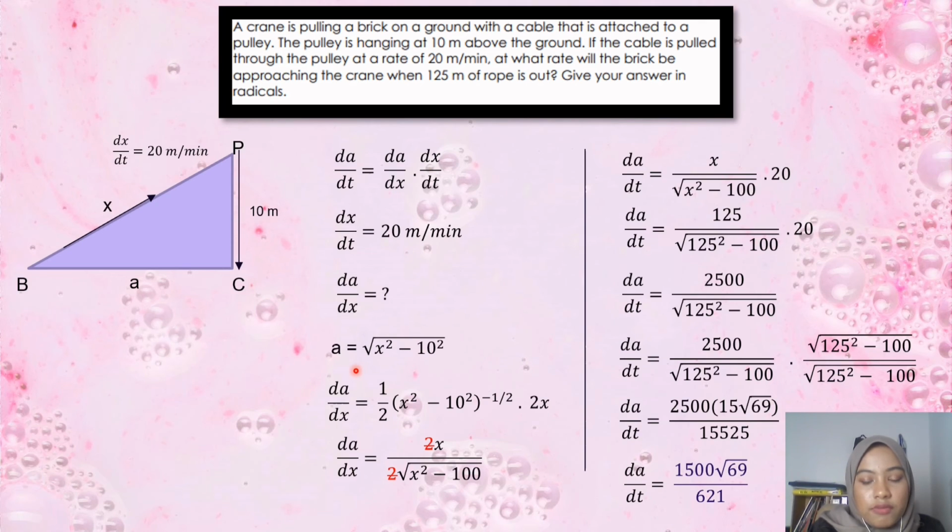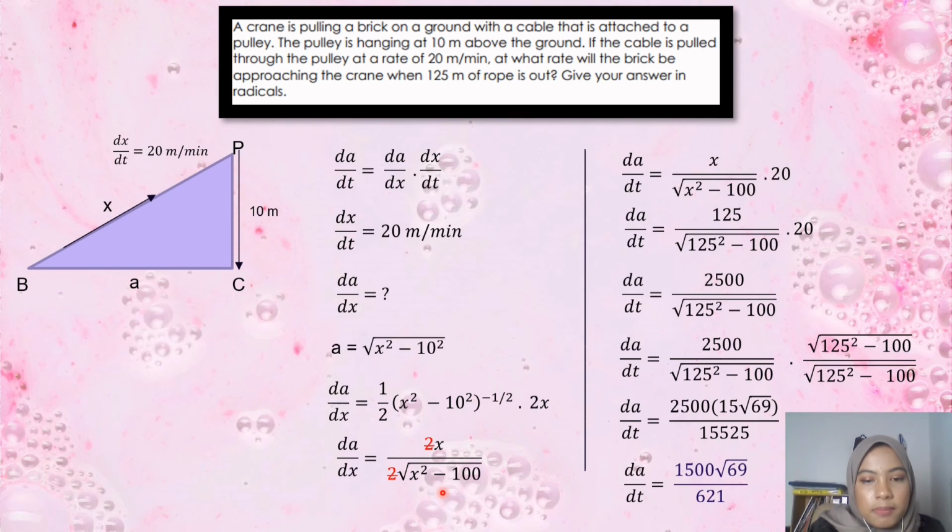The value of A is the square root of X squared minus 10 squared, from the diagram by using the Pythagorean theorem. When you differentiate A with respect to X, you get 1/2 of (X squared minus 10 squared) to the power of negative 1/2, multiplied by 2X. Then dA/dX will be 2X over 2 times the square root of X squared minus 100.